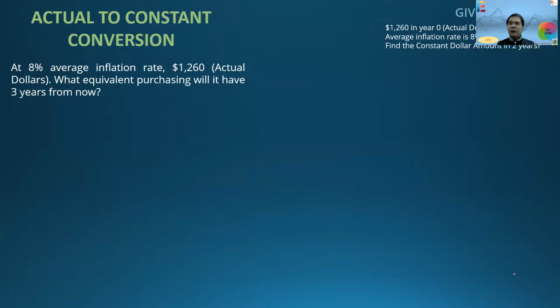So actually the difference is that your given would be either your present or your future. And then actual to constant conversion. At an 8% average inflation rate, 1,260 actual dollars, what is the equivalent purchasing power it has 3 years from now?